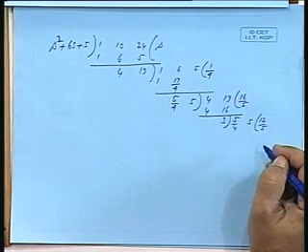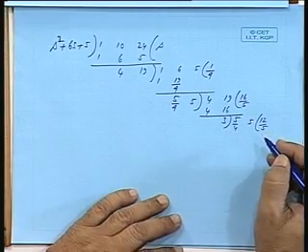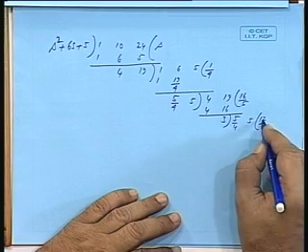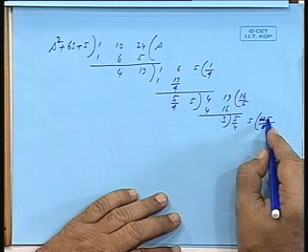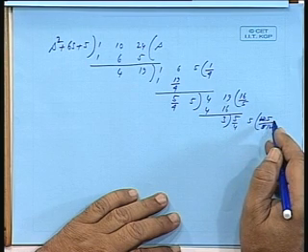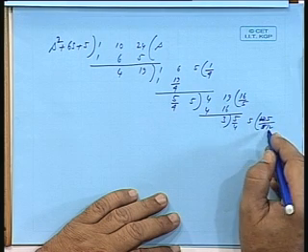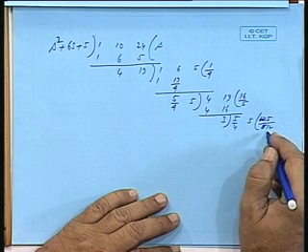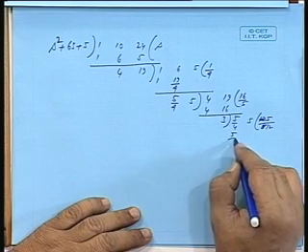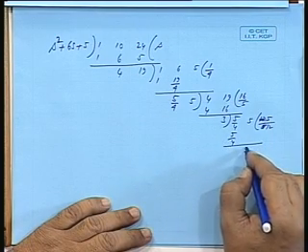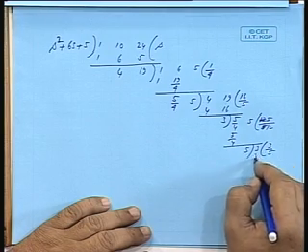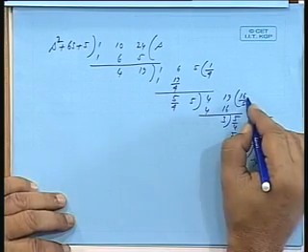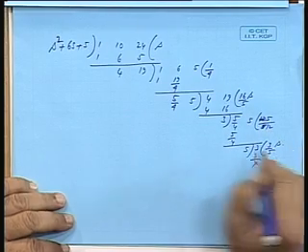No. 3 into 5 by 12. 3 5s are 15 by 12, okay, 5 by 4, then 5, 3, 3 by 5. So, what we get, this is s, this is s.